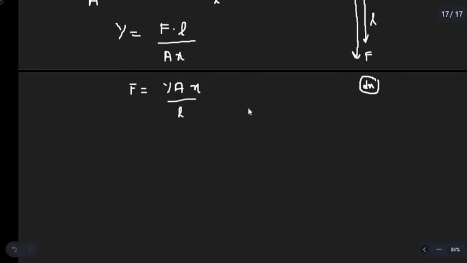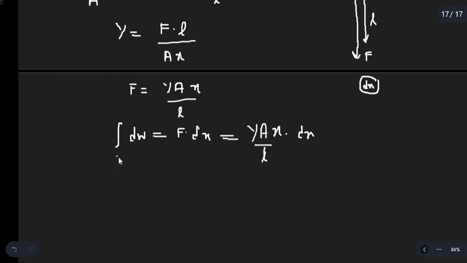So there will be a very small work done for this part, which you can write as F dot dx. So what is my F? I know that it is YA x dx upon L. Clear? So I want to find the total energy stored in the wire. So let's integrate for the total of its length, right?